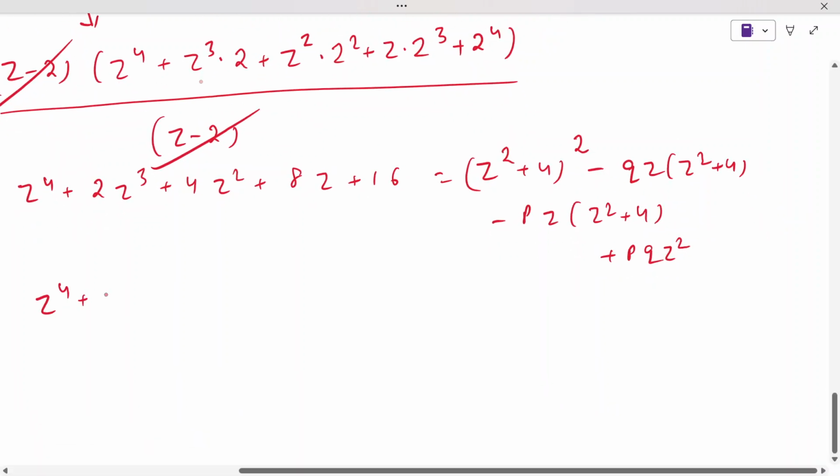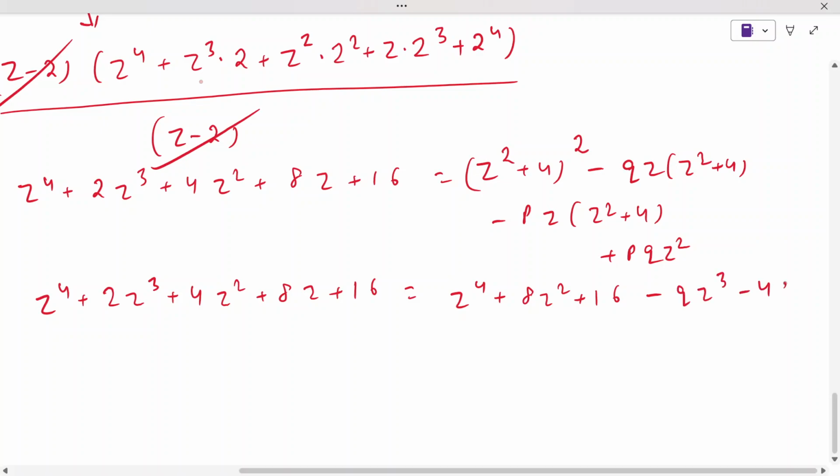We have z^4 + 2z^3 + 4z^2 + 8z + 16, that should be equal to z^4 + 8z^2 + 16 - qz^3 - 4qz - pz^3 - 4pz + pqz^2. And if we compare, then this will cancel.